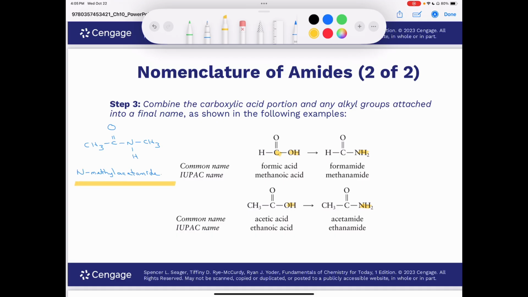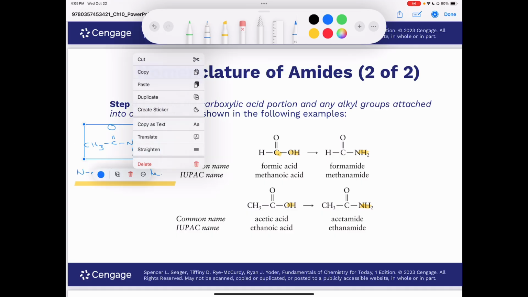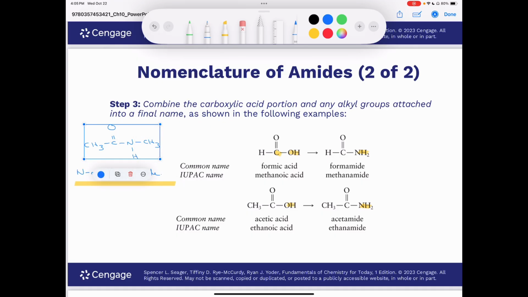So if you had two alkyl groups, and this is going to take more space, so let me just copy and paste this down here. Let's say we had two methyl groups, so I'll replace this with another CH3 group. Then you would call it N,N.